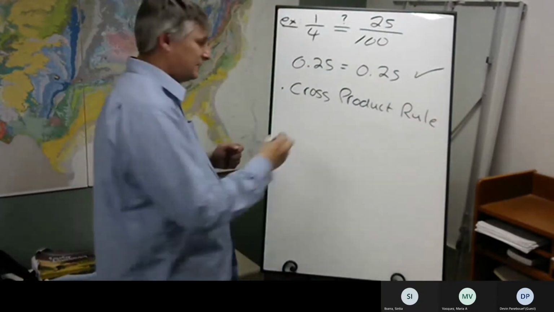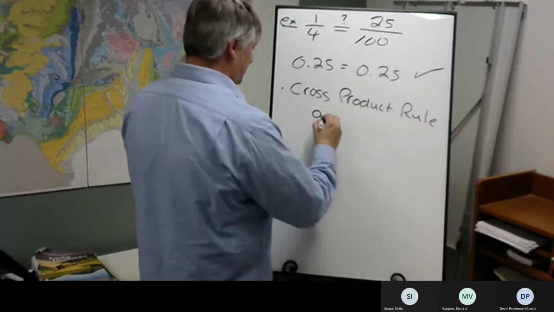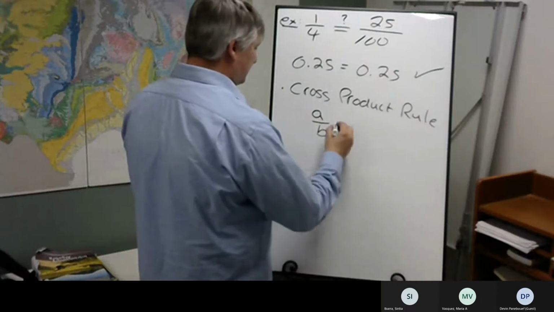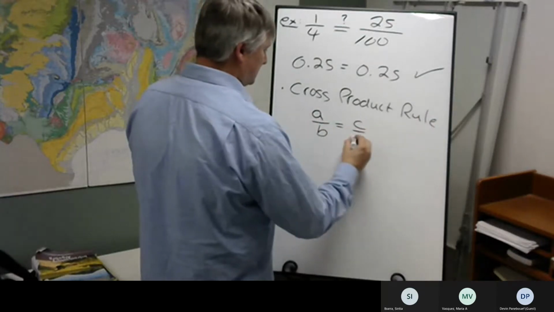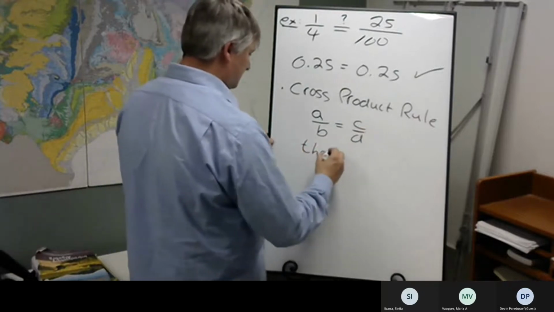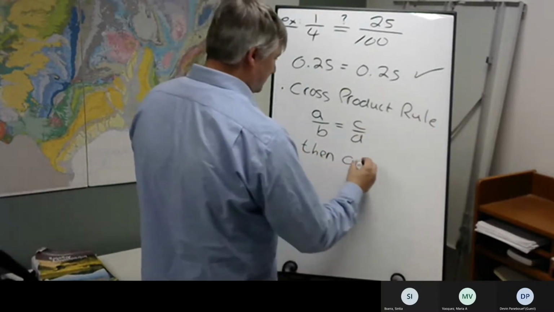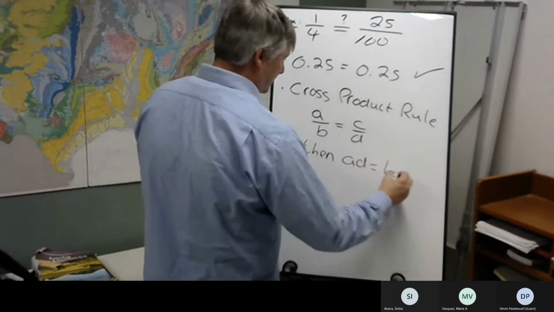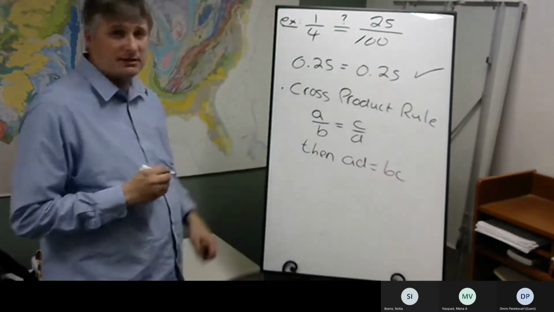And what it says is this: if you have A over B equal to C over D, then A times D is equal to B times C.